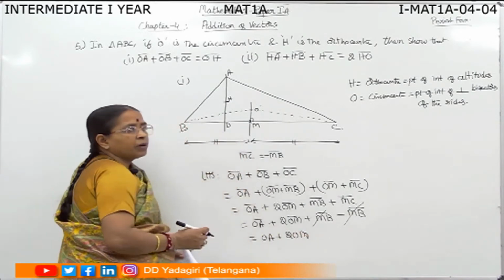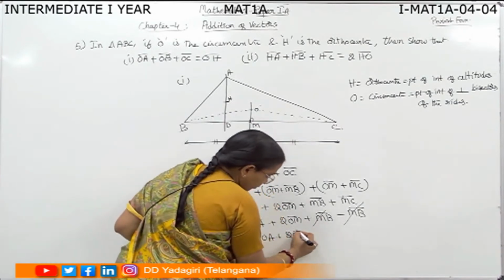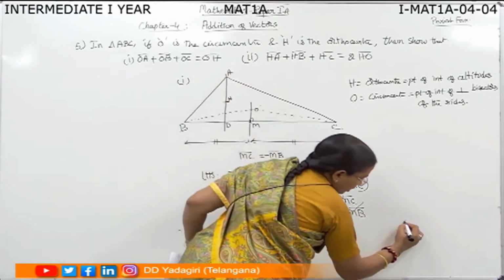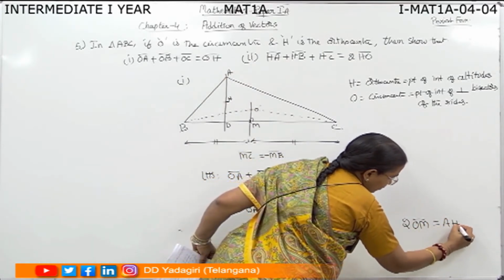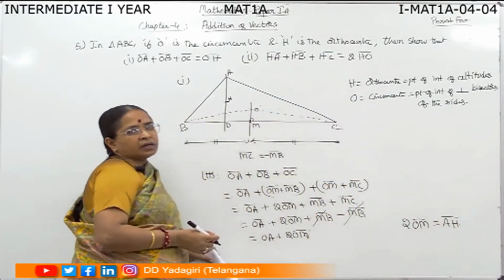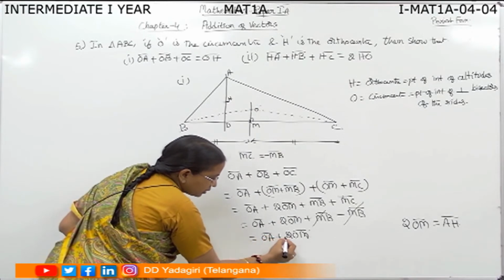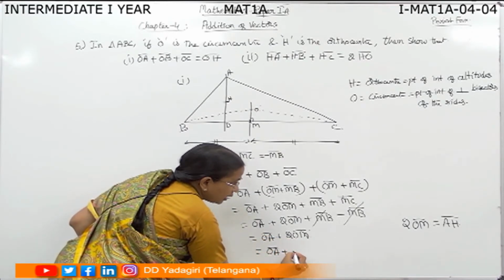Now we have one property from triangles: 2 times OM is nothing but AH. This is from the properties of triangles in geometry that you must have learned. So OA plus 2 times OM we write as OA plus AH.